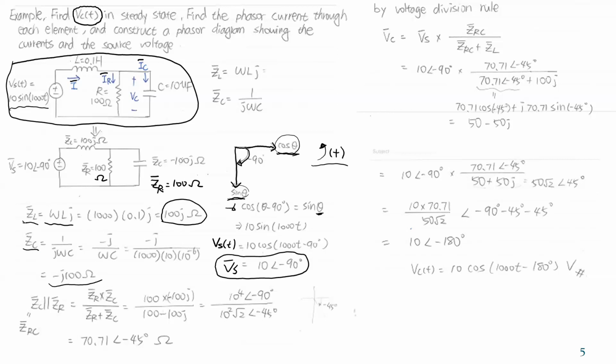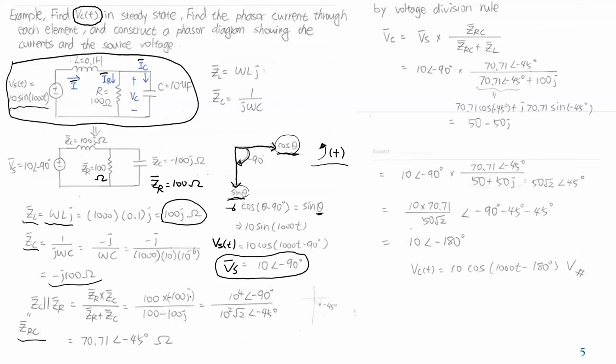Okay, and then to calculate the current, in this case we first calculate the equivalent impedance. We put C and R in parallel first. We call it ZRC. To calculate them in parallel, we use the same concept as resistors in parallel.